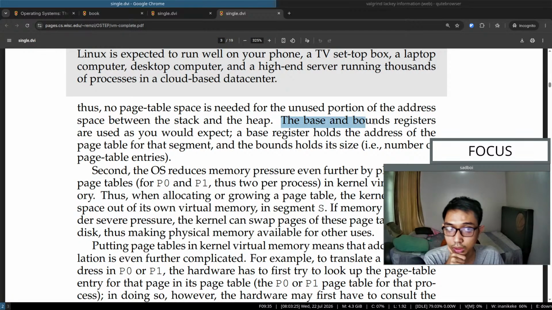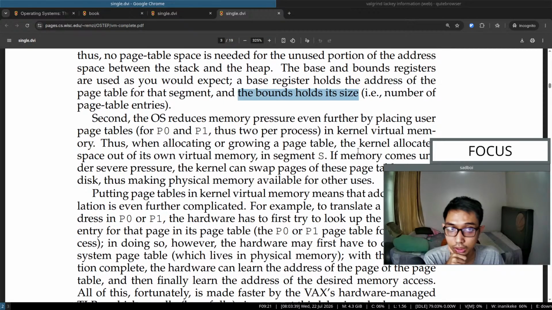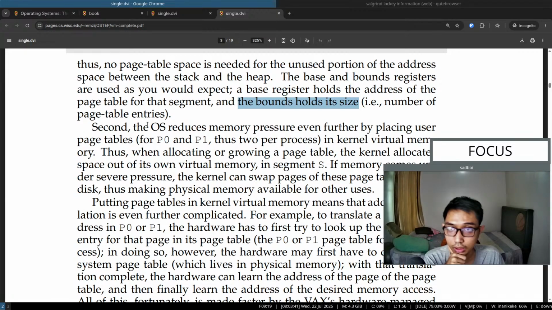The base and bounds registers are used as you would expect. A base register holds the address of the page table for that segment, and the bounds register holds its size, that is, the number of page table entries.